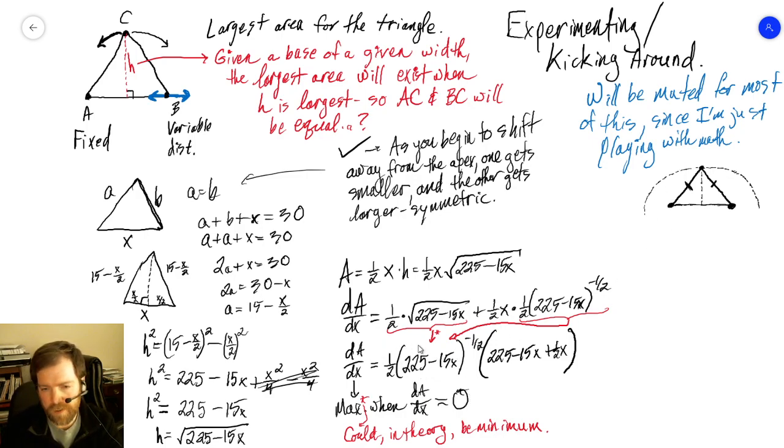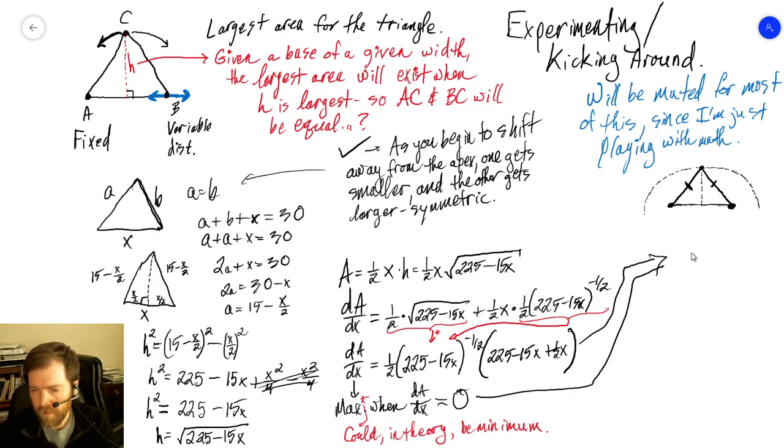So if we let this be equal to 0, this is going to be 0 equals 1/2 times (225 minus 15x) raised to the negative 1/2.